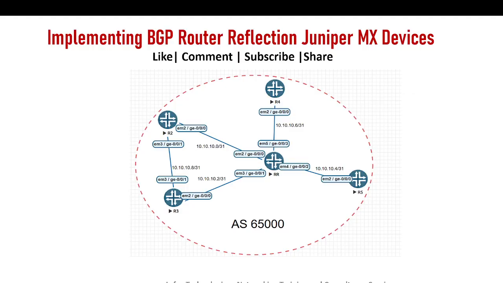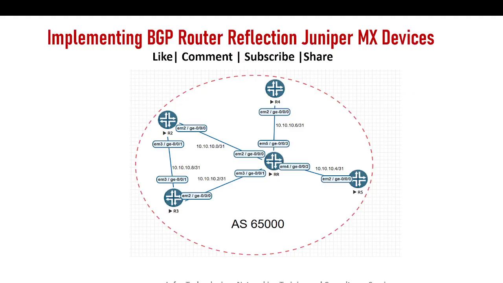So for this case, if we have a route that is being advertised from R2 and this route is advertised to RR, which will be our route reflector once we complete the configuration, the RR will not advertise the route to other peers because this is an autonomous system. The routes are in the same AS number. So the route will not be advertised to anyone else.